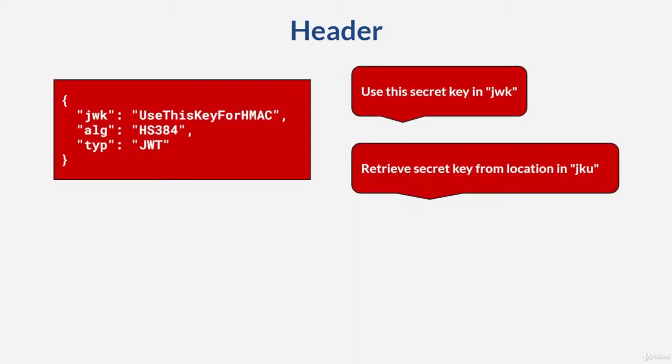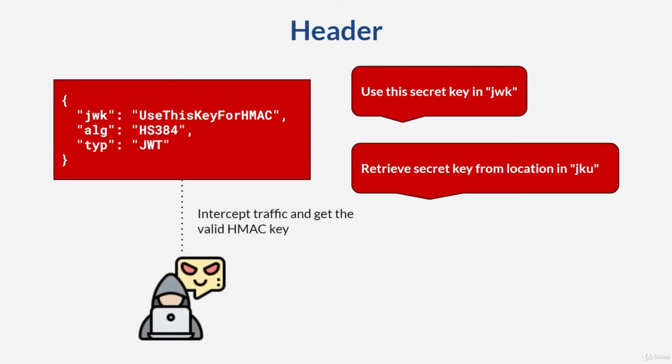The JWT specification also provides two standard fields, JWK and JKU, which basically tell the server to use this secret key, or that you can retrieve the secret key at this location. Using these fields means we give the secret key, something that is supposedly secret, over the network. So an attacker that intercepts the communication will easily retrieve the valid HMAC key and reuse it to generate fake JWT tokens.